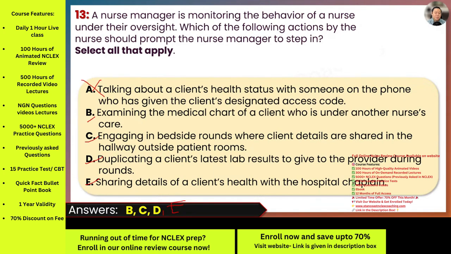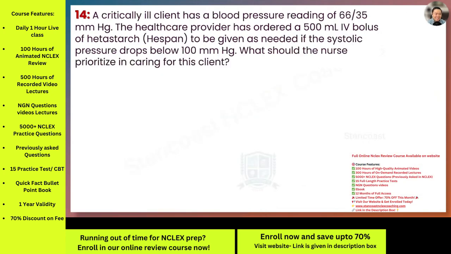Keep in mind to avoid public conversations about patients, and also think about data security, such as printing, copying, or leaving paperwork unattended can lead to a data breach. And so you have to eliminate those options that are lawful and ethical in this question, since A is legal under HIPAA regulations. Let's have number 14.